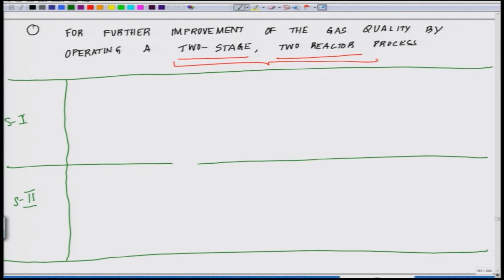So, the first thing being recommended here is pyrolysis of the biomass taking place at the first stage, using external heating.